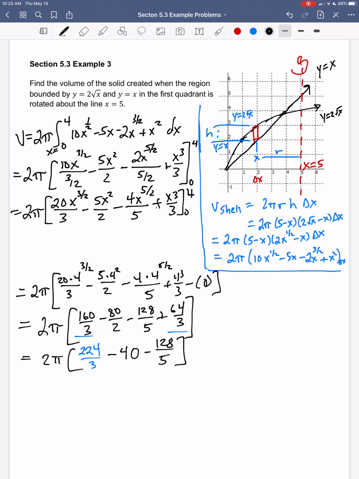Now I want to get a denominator of 15. With the 40, I can think of that as 40 over 1 and then multiply top and bottom by 15. So 224 times 5 is 1120. 40 times 15 is 600.